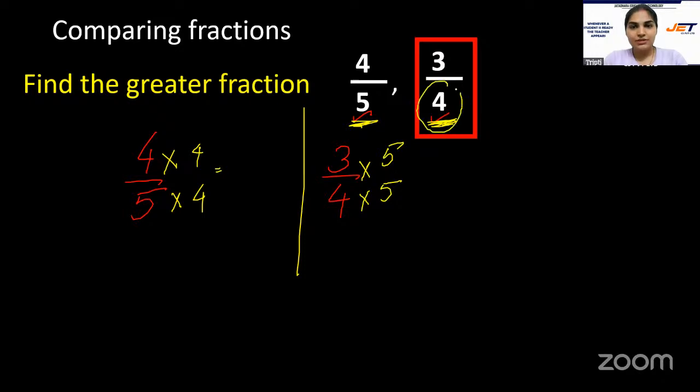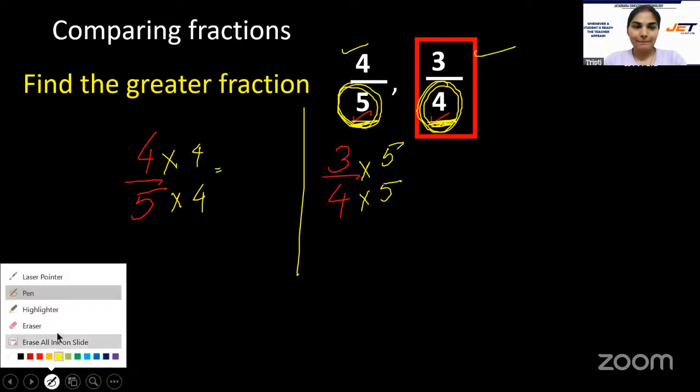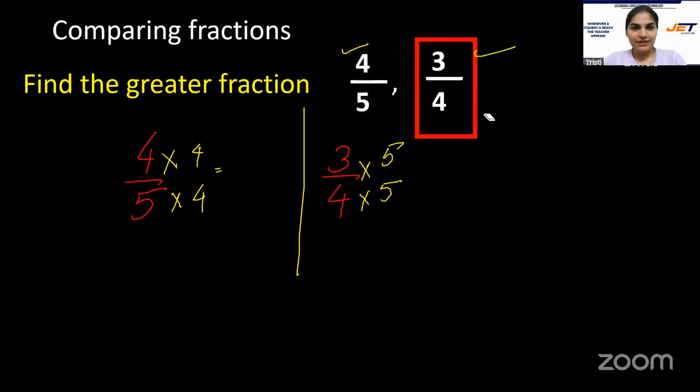So what did I do? Second fraction's denominator will be multiplied by the first fraction. The first fraction denominator will be multiplied by the second fraction. That's what I said.